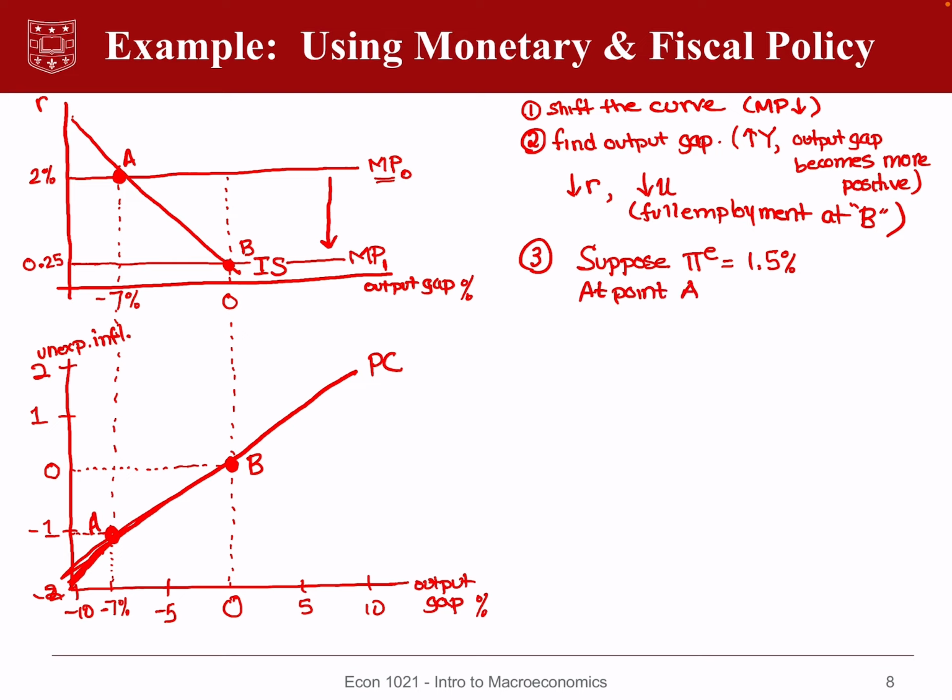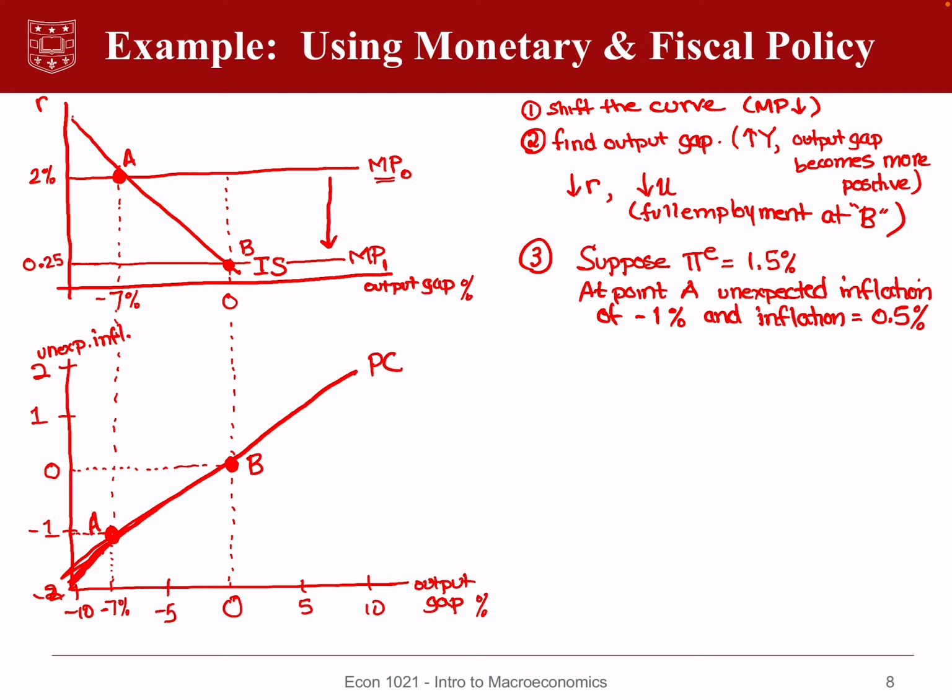At point A, we have unexpected inflation of -1%, and inflation, therefore, is equal to 0.5%.